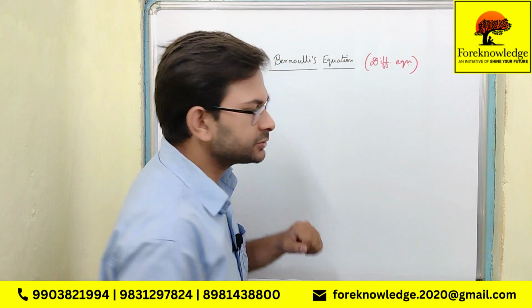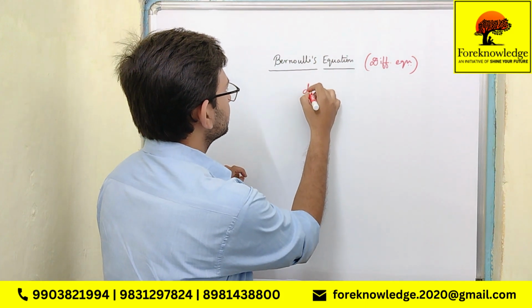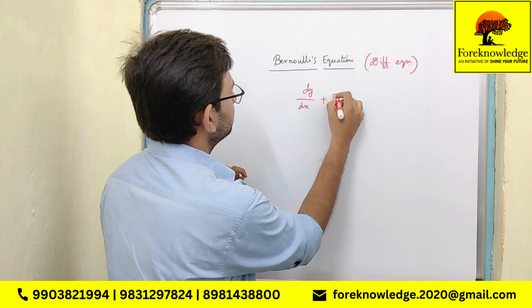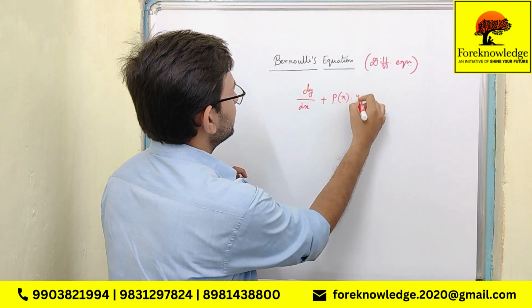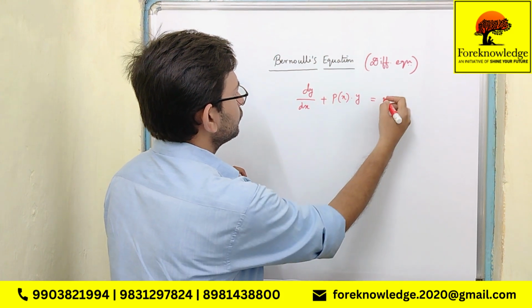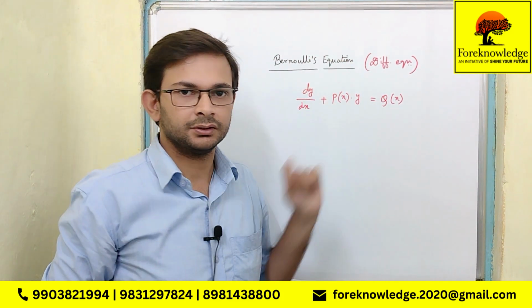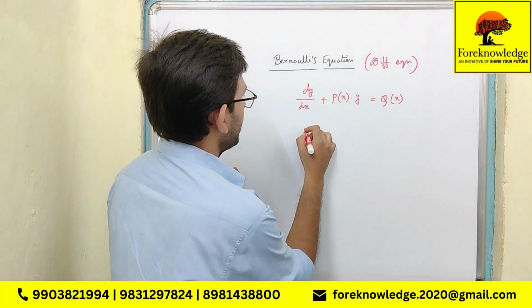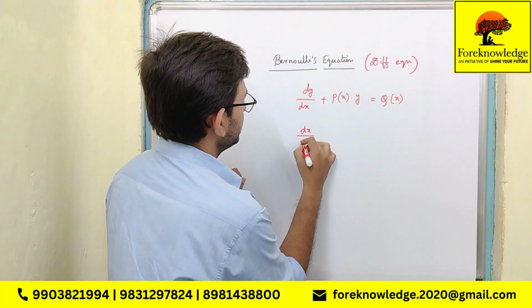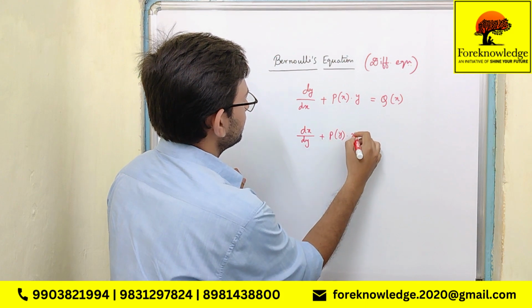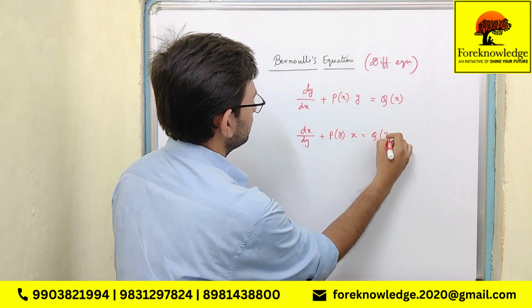Now, what is a first order linear differential equation? A differential equation of the form dy/dx plus p(x) into y equal to q(x), and dx/dy plus p(y) into x equal to q(y).